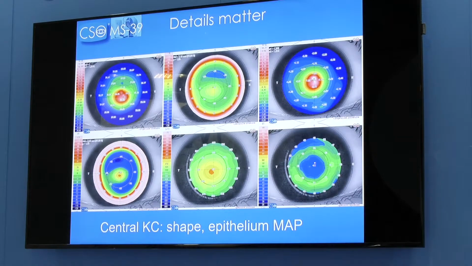And when the shape of the keratoconus is changing, we see that also the pictures change, and you see this is quite a central keratoconus case, and you see what happens to the thinning of the epithelium on this cornea.